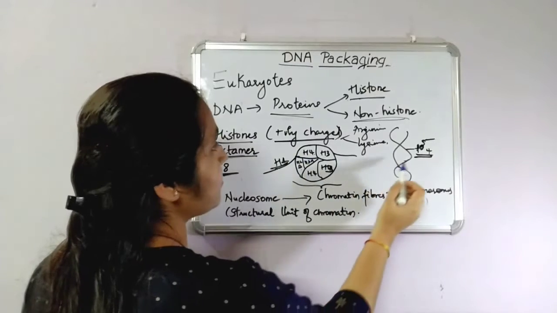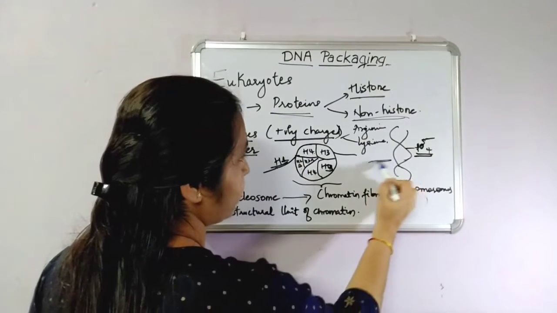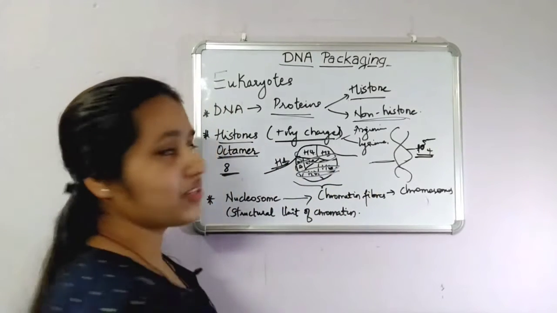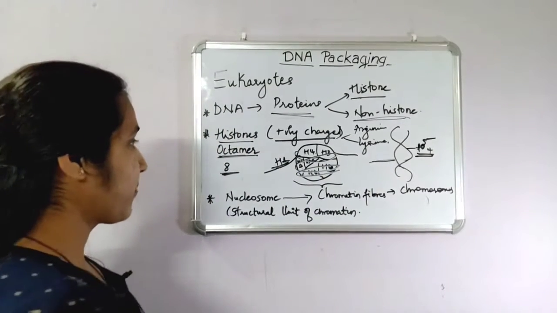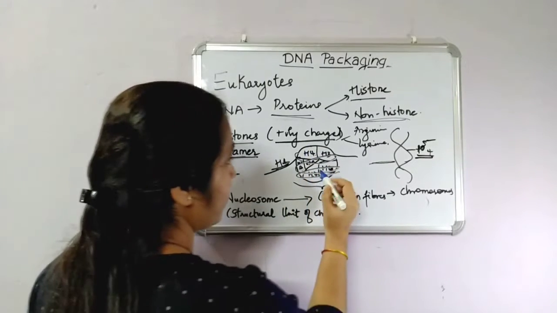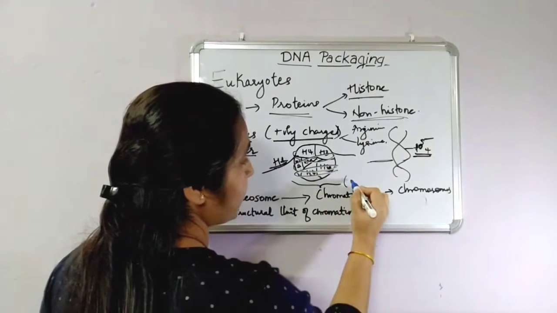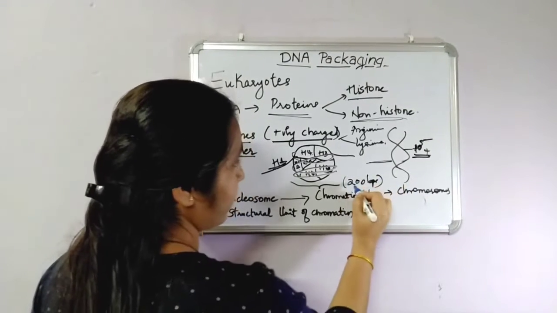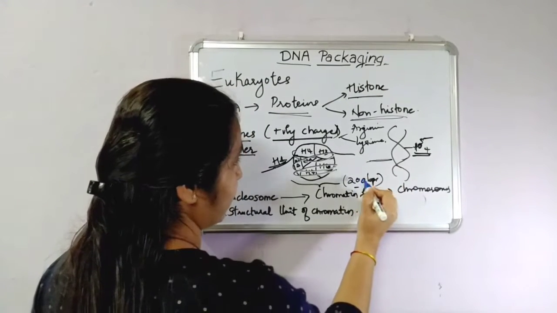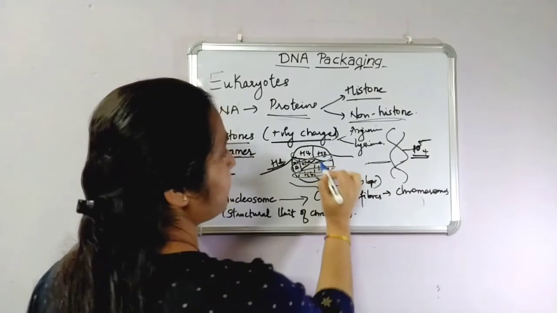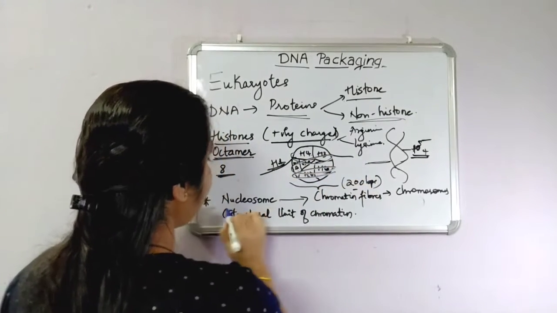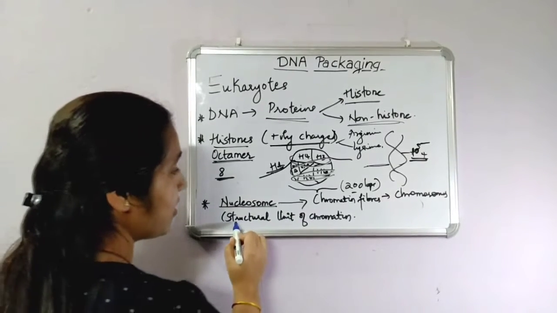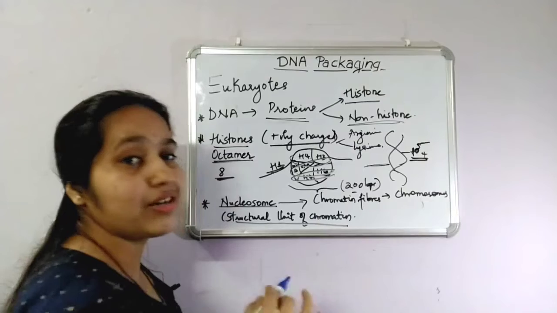So what happens is, this negatively charged strand of DNA, around 200 base pairs, is wrapped around this positively charged histone to form a structure called the nucleosome, which we can call the structural unit of any chromatin.